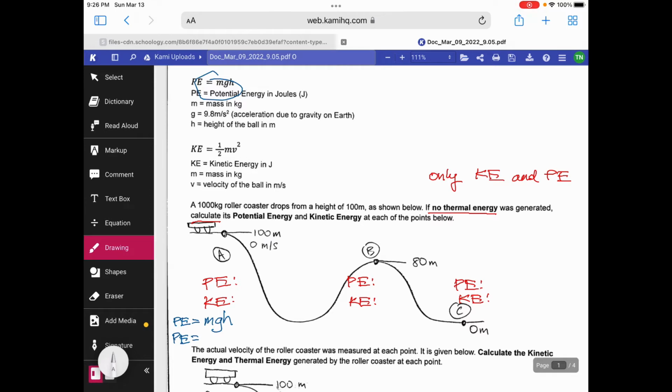So the mass of the roller coaster is 1,000 kilograms. Kilograms always means mass. It's the unit of mass. So here I can write 1,000. And g is always just 9.8. And h is height. So the height of this ball is 100 meters.